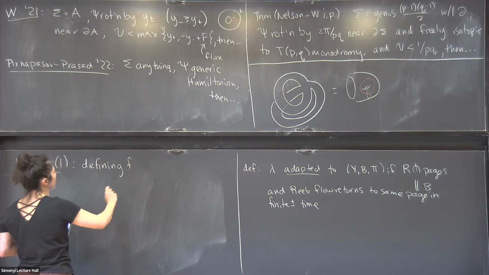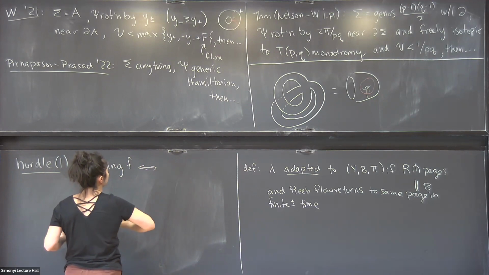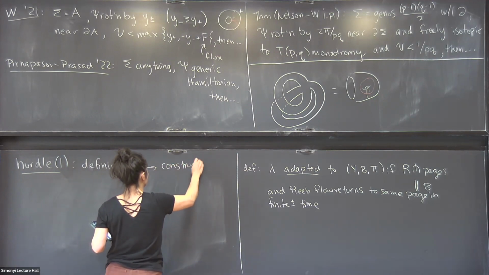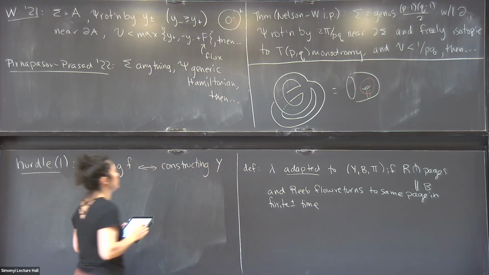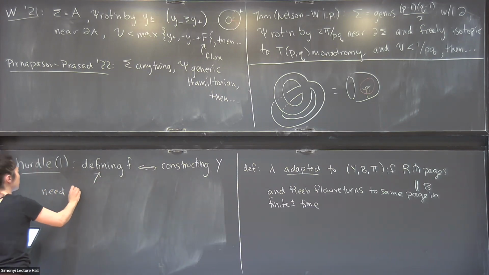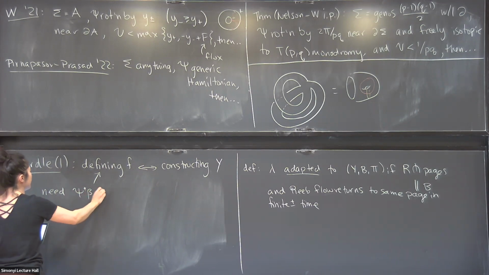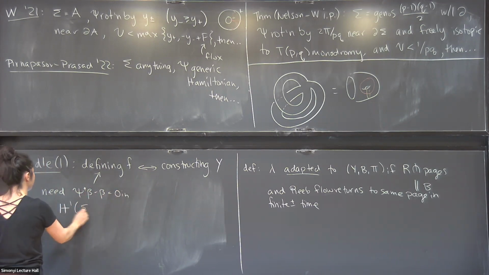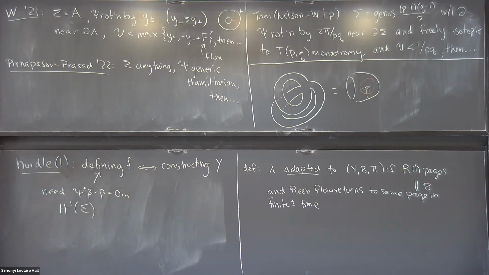The point I want to make here is that this is, in some sense, the same problem as constructing the open book. To define F, for this we need psi pullback beta minus beta to be 0 in H^1.